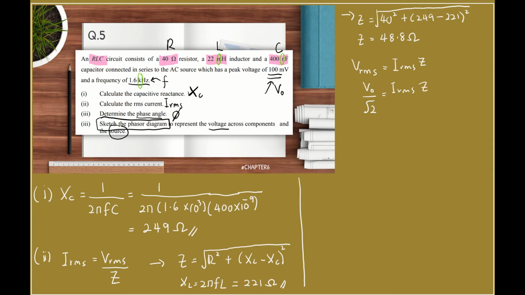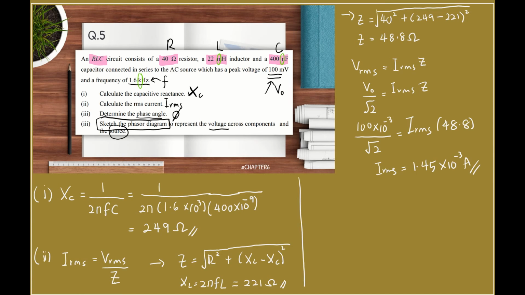Substitute all the values: 100 milli for the peak voltage, over square root of 2, equals IRMS times Z. Your IRMS is 1.45 times 10 to minus 3 ampere. So quite a long solution for the second question.